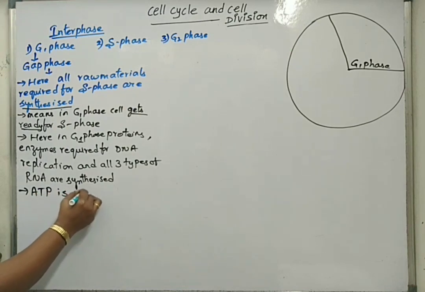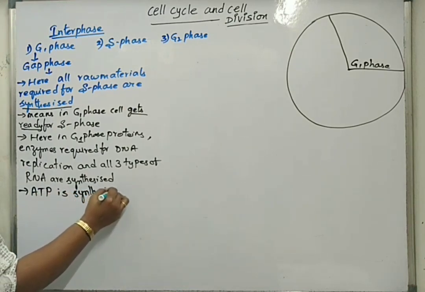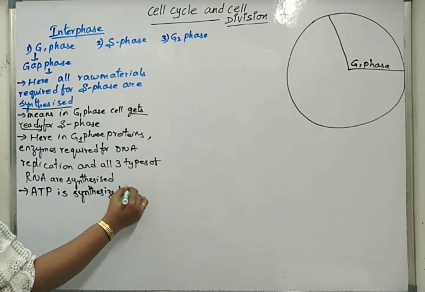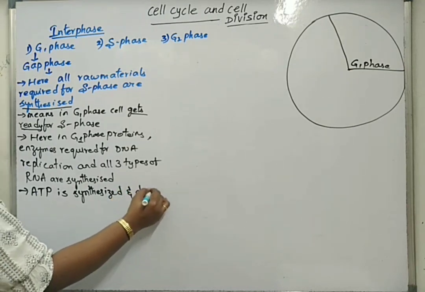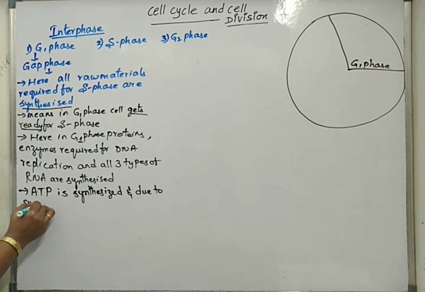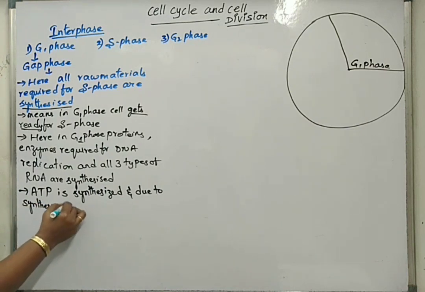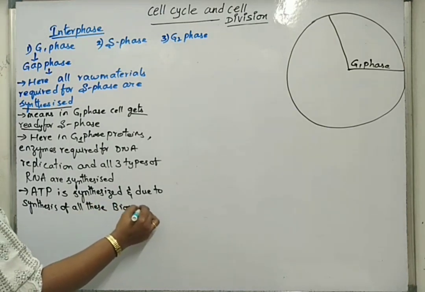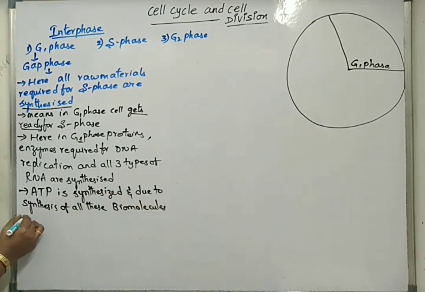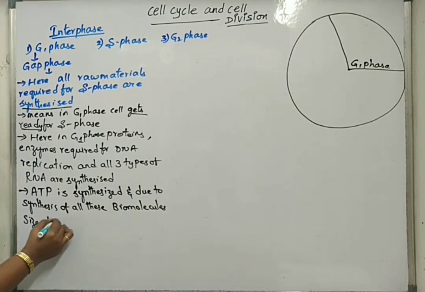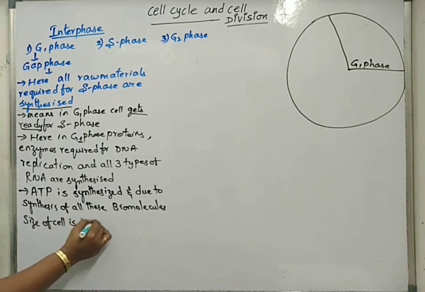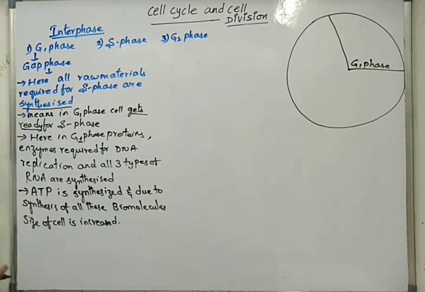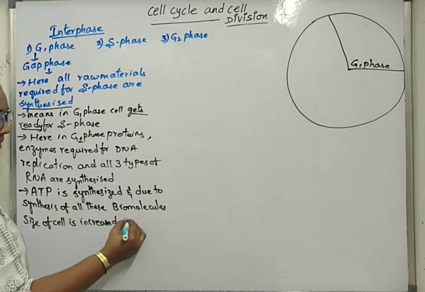ATP is synthesized. And due to synthesis of all these biomolecules, the size of the cell increases. When the size of the cell is increased, obviously at the same time cell growth might have taken place.